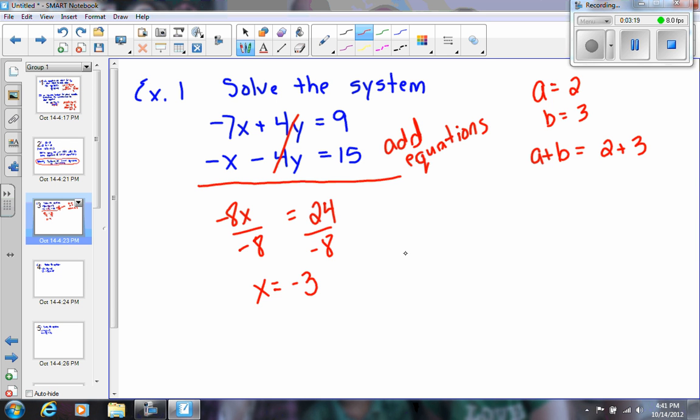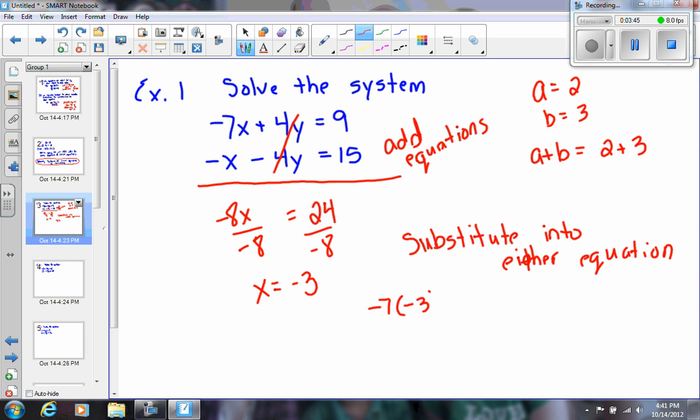Now remember, I have to also know y, so I need to substitute into either equation. So I'm going to do that, and I'm going to use the first one. So I have negative 7 times negative 3 plus 4y equals 9.